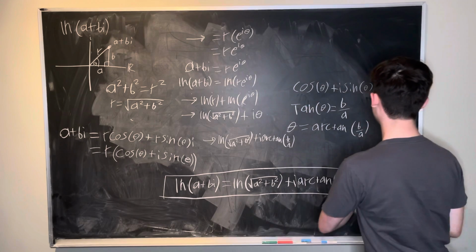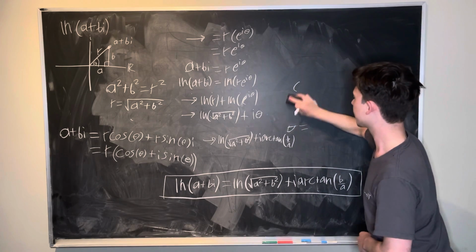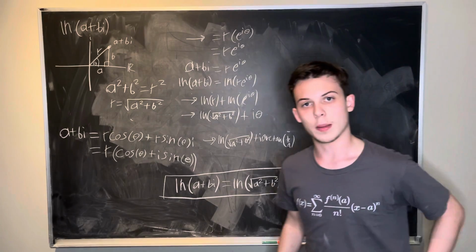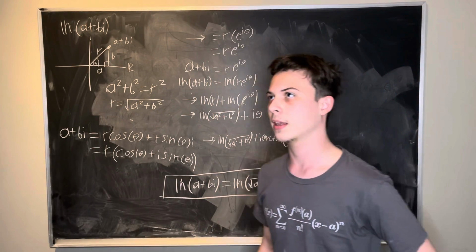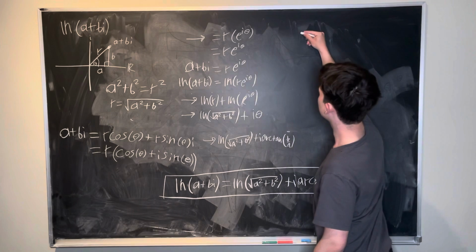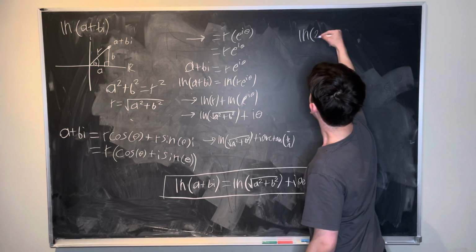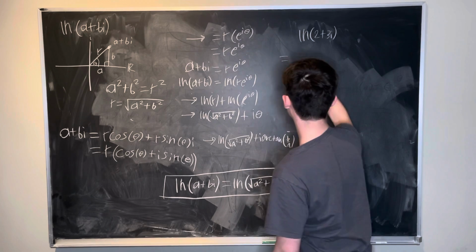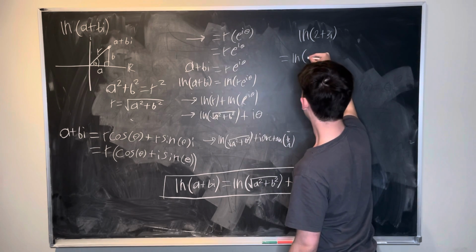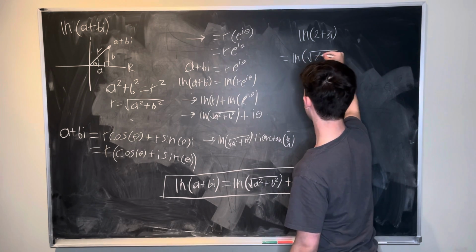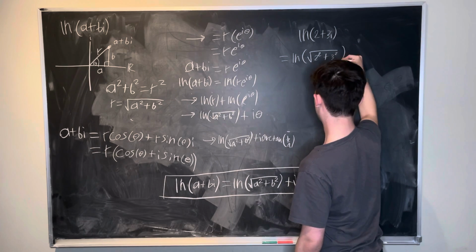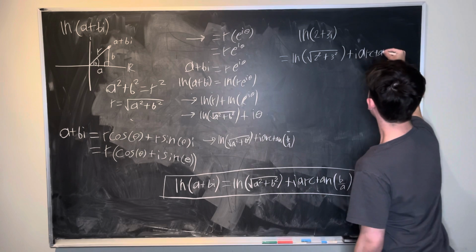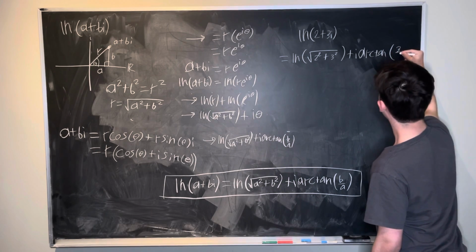So let's do a little example using this formula. Let's say we want to find the natural logarithm of the complex number 2 plus 3i. Well, using this formula, we get that it's equal to the natural logarithm of the square root of 2 squared plus 3 squared plus i times the arctangent of 3 over 2.